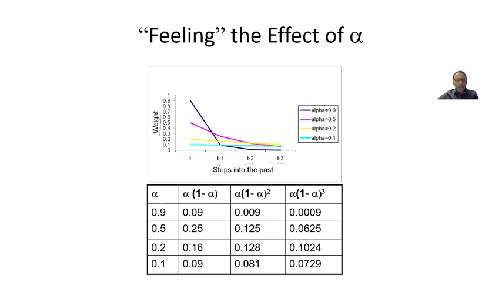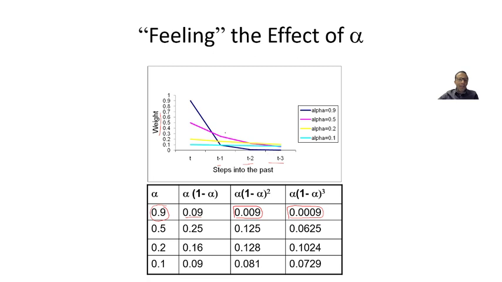When alpha equals 0.9, alpha times 1 minus alpha is just 0.09, so the previous time t minus 2 is going to give a weight of less than 1%, and at time t minus 3, as you can see, the weight is less than 0.0009, which is very, very small. That is what we have here in this blue line.